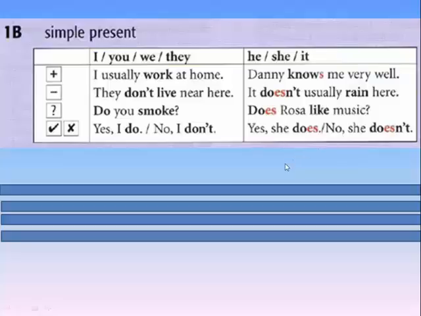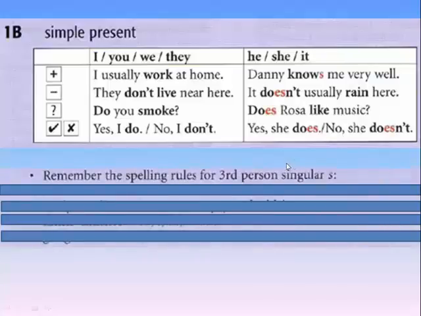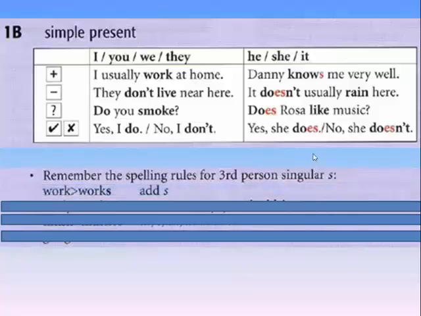Now there are 4 extra things you need to remember. You need to remember 4 rules for the S. The first one is that in general, the normal thing is to add an S, only an S, for he, she, it.